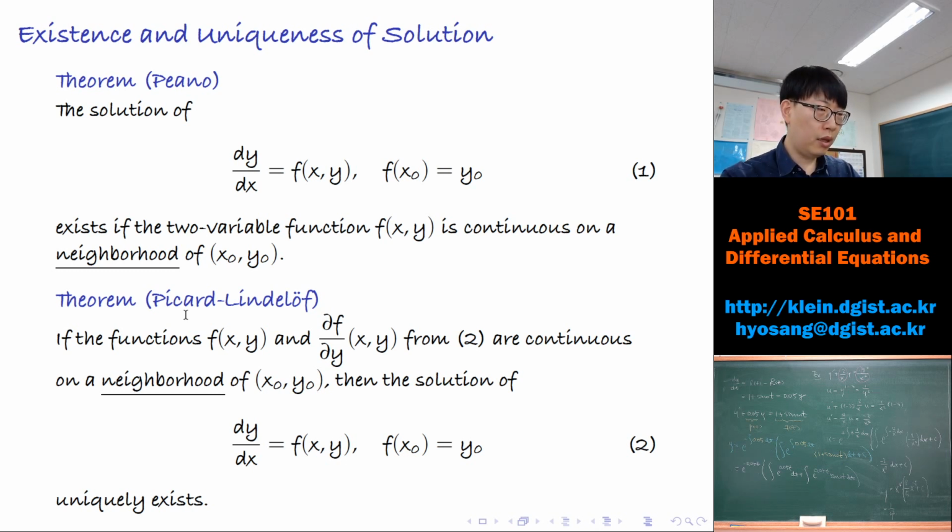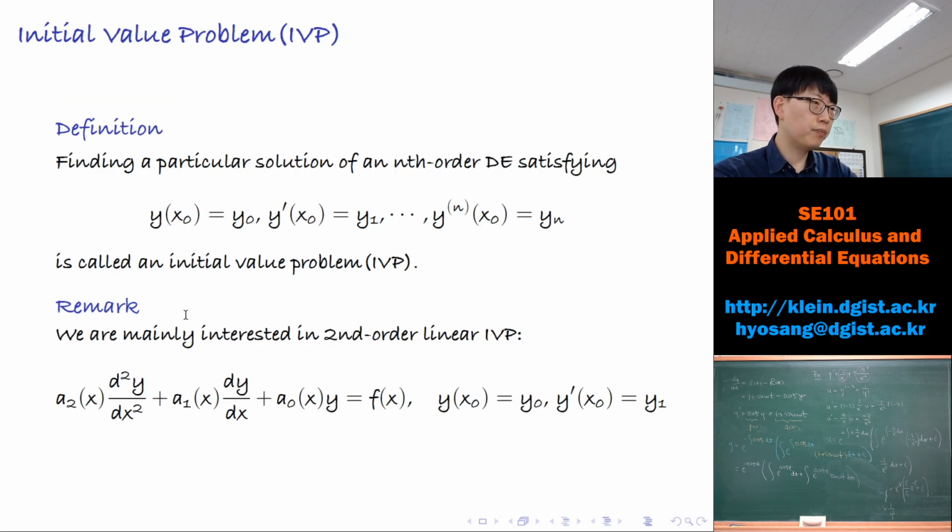I'm not going to go deeper into the proof of this theorem, because checking whether a two-variable function is continuous is not an easy task in general. And understanding the proof of this theorem does not help in actually solving the differential equation, and understanding the nature of the theorem is not our goal in this lecture.